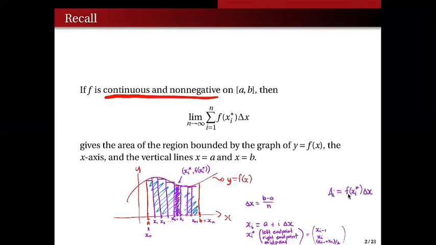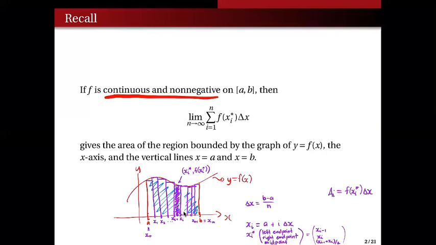And therefore, the area of the region we are interested in can be approximated by the sum of the areas of all the rectangles in here. Okay? But it's just an approximation.